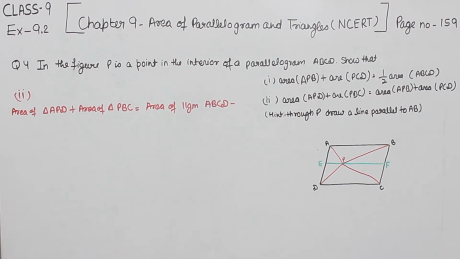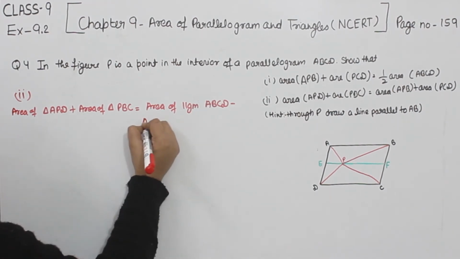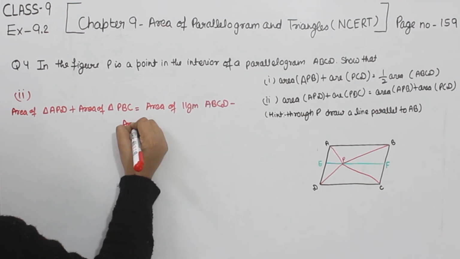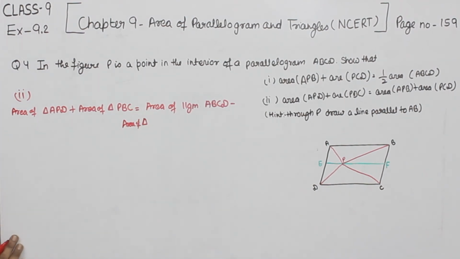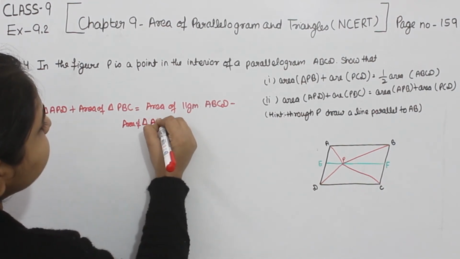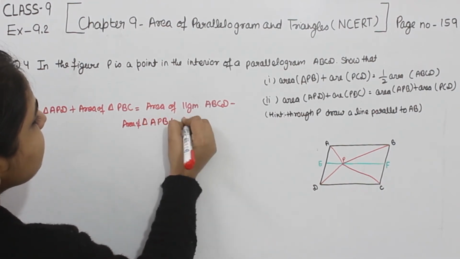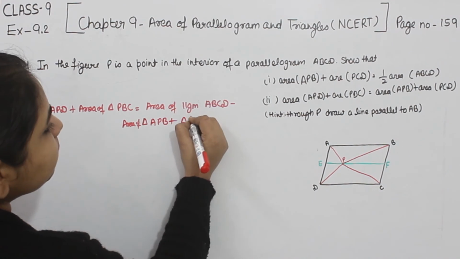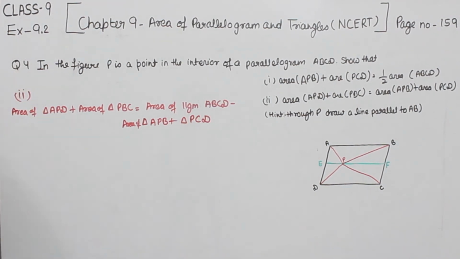So I am going to write: minus the area of triangle APB plus triangle PCD. Now I am going to subtract this from the parallelogram.